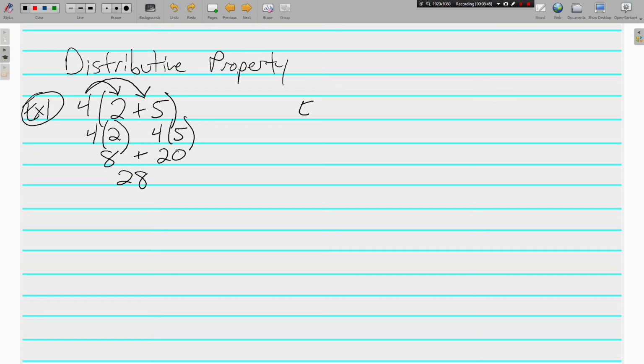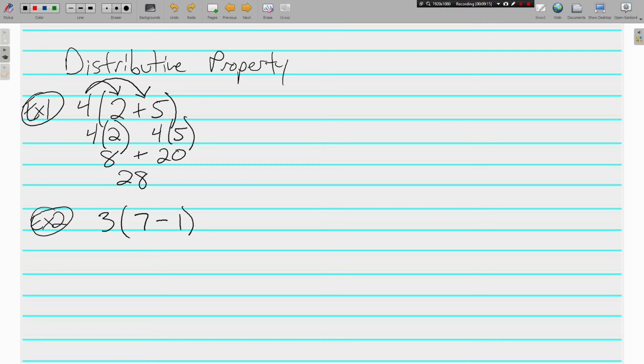Alright, let's go. I'm going to do it down here below. Example 2. Actually, I changed my mind. Let's do 3 times 7 minus 1 in parentheses.